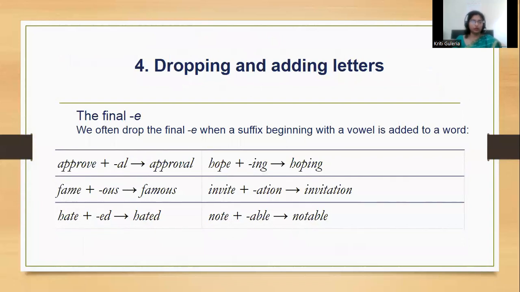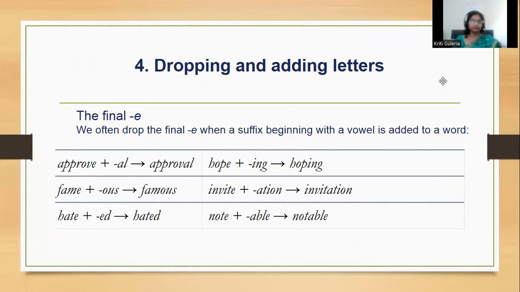Next category under spelling rules is dropping and adding letters. Because when we are making new words, somewhere we have to drop, whereas somewhere we have to add a few letters. For example, final e. Usually any word ending with a final e, we have to drop that e when a suffix beginning with a vowel is added to the word.